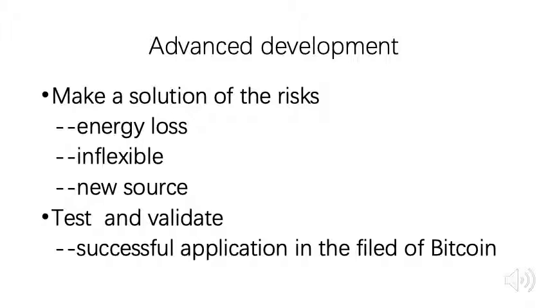We can use it to buy something online. So the success of Bitcoin is also the successful application of blockchain technology. So this technology is proven, and we can use it in the electrical power system.